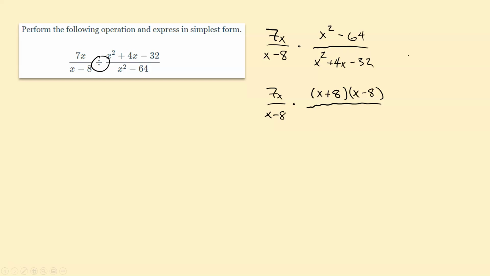And then down here we have another trinomial that we'll have to do as an ACB tree. I'll go ahead and show this one as an ACB tree as well, just so we remember how to do this. A times C, 1 times negative 32 is negative 32. Factors of negative 32 that add to give you the B value, which is positive 4.